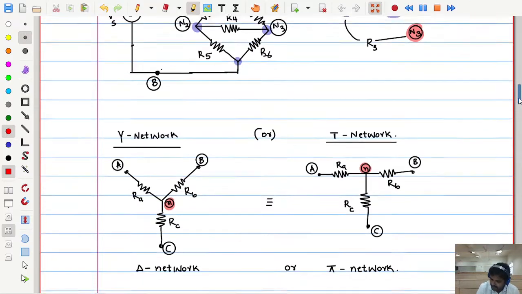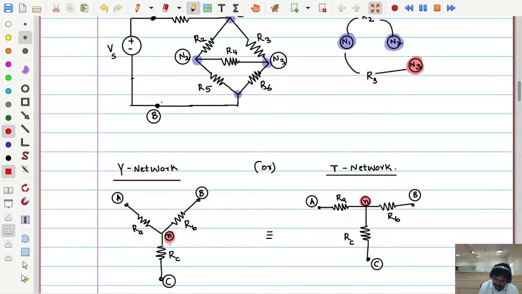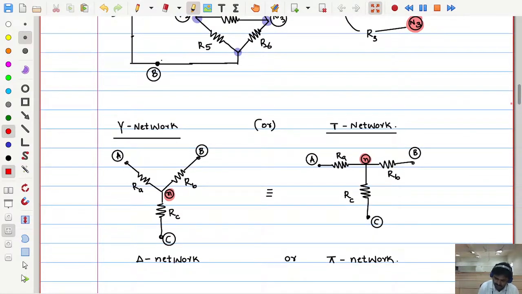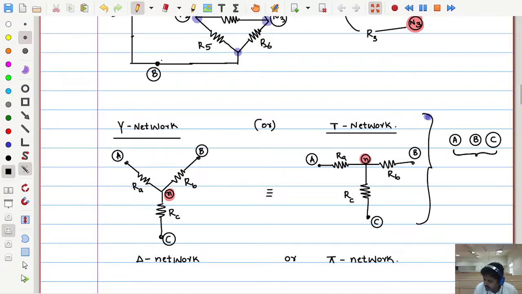Now could you find this kind of nature in the given circuit somewhere? So what is the nature here? Try to identify carefully. Nature here you should understand in this way. Very careful, this is a very important point, that you have three nodes. What are they? A, B, C. Next, apart from these three nodes, you will have one extra node which is small n.